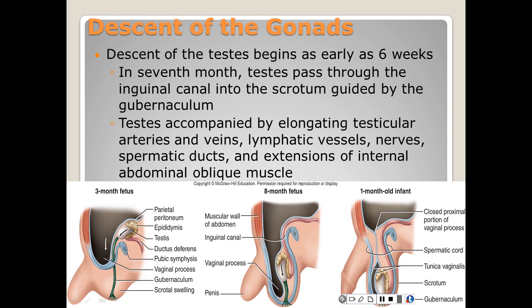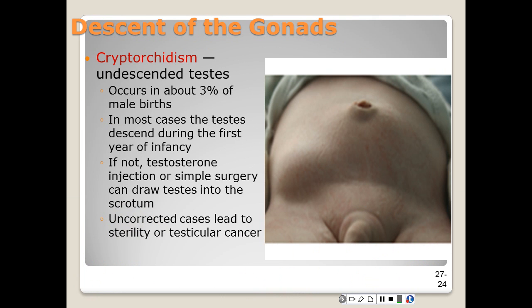Now, the mechanism of descent becomes very obscure. About 3% of boys are born with undescended testes, and that's called cryptorchidism. In most cases, the testes descend within the first year of infancy.